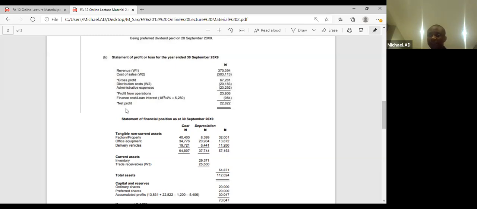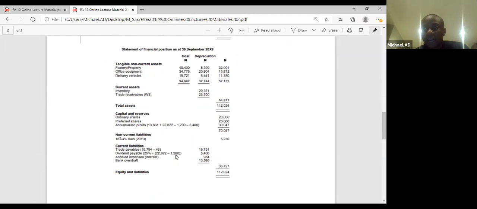Then we move ahead and we go to the statement of financial position. The statement of financial position is where we know where we are as a company, the position, if we are actually making sense as a profit, as a company. Remember, our statement of financial position consists of assets, liability, and equity.